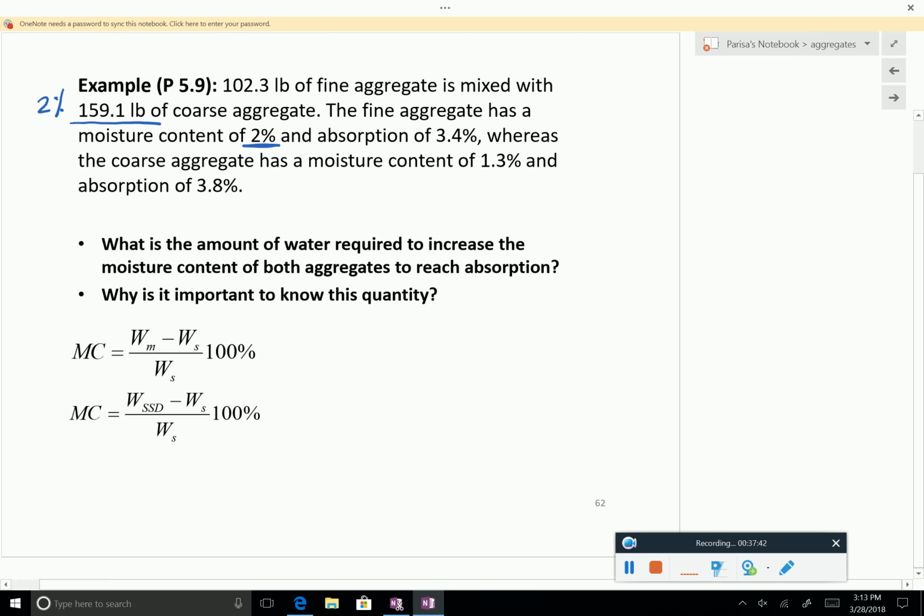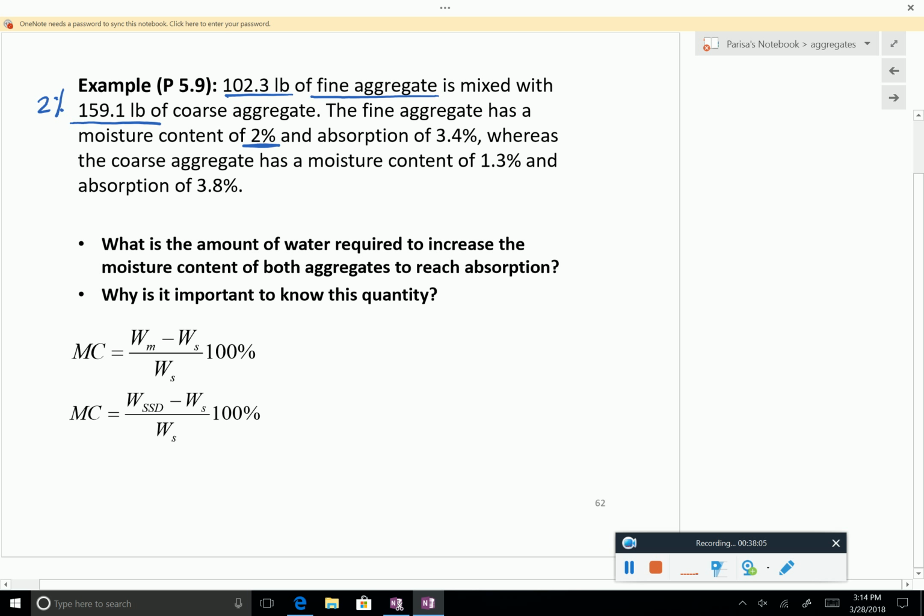Let's start with an example. So we have a mix of fine aggregates. We know how much. And a mix of coarse aggregates. We have the weight. The fine aggregate has a moisture content of 2% and absorption of 3.4.